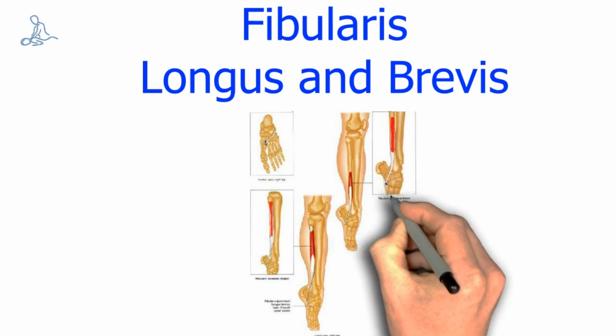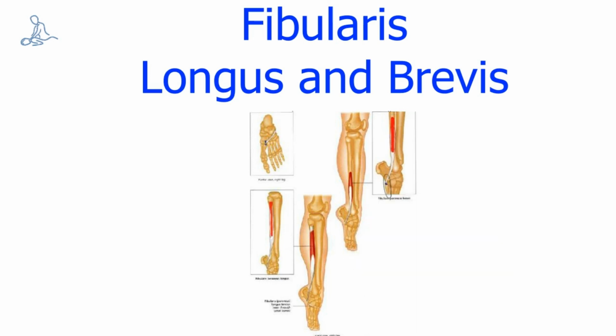The insertion of the Fibularis brevis is the plantar base of the fifth metatarsal. The action of these two muscles is to evert the foot and plantar flex the ankle. Fibularis longus and Fibularis brevis.